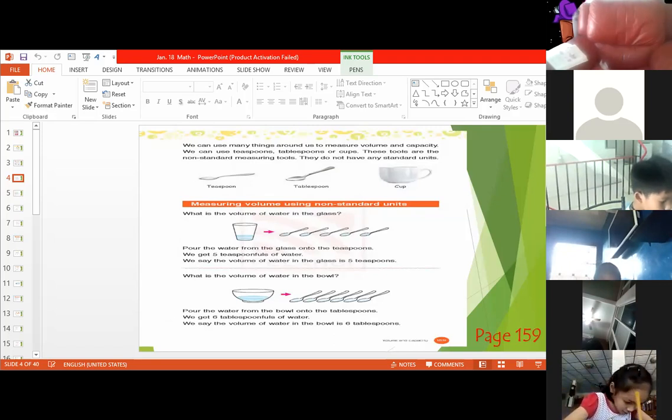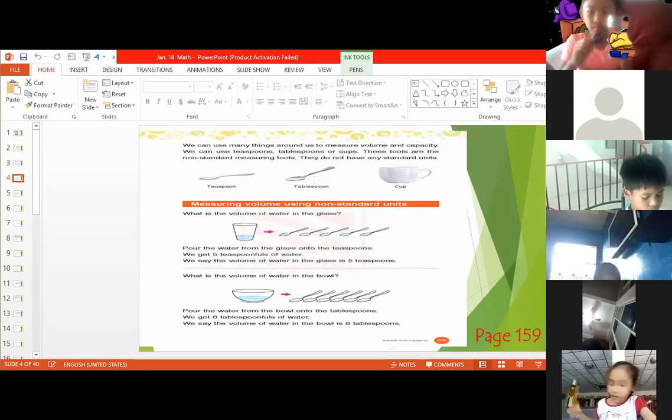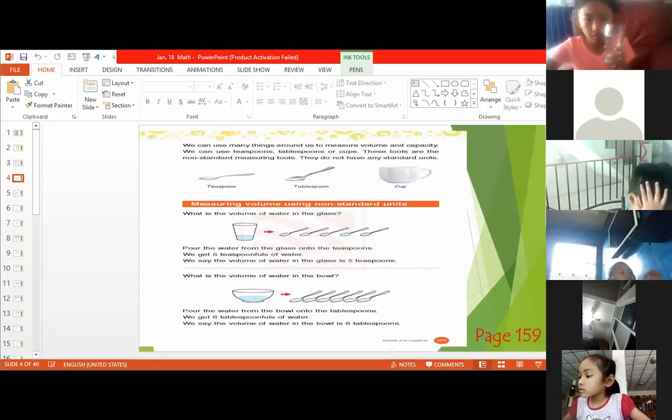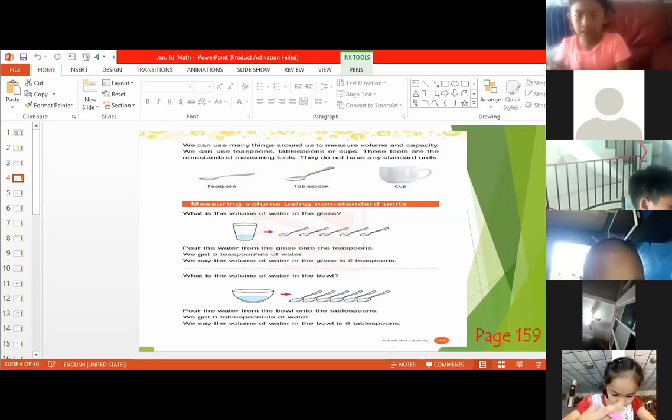Anyone? I don't have it. That's okay. Ranchida, can you remove your background so that we can easily see it? Okay, that one. It's too many. Just put the spoon. Do you have another glass there, Ranchida?